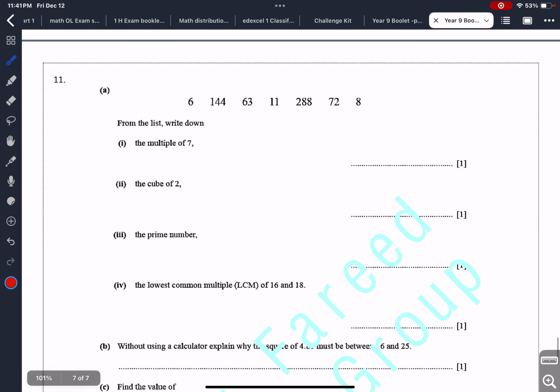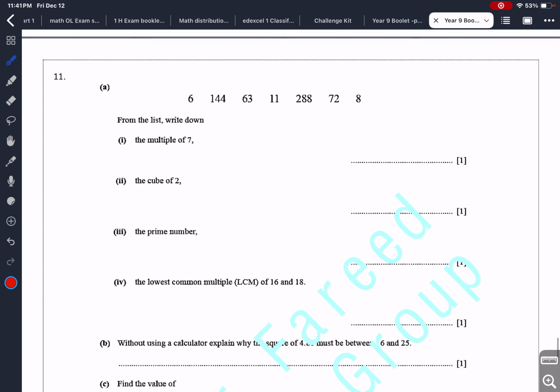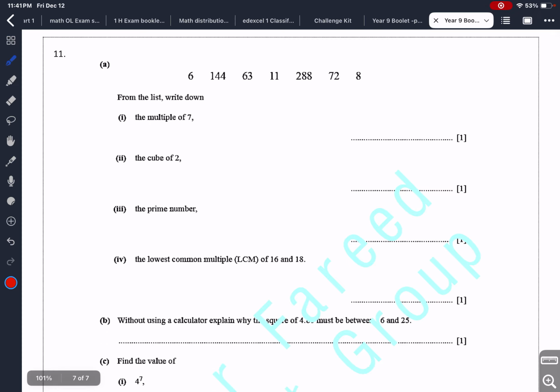Now, this is a typical question for IGCSE, and you will see it in pre-IG and O-level as well, in Paper 2 in Cambridge, and in Excel O-level 1H. It gives you a list of numbers, and you need to answer all these questions.